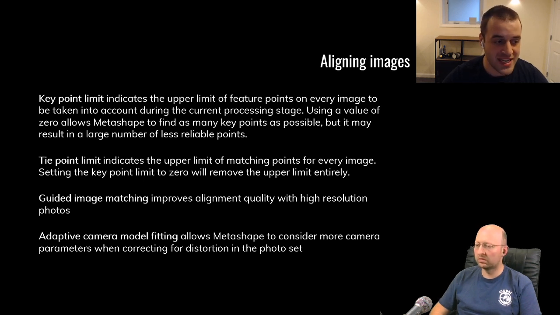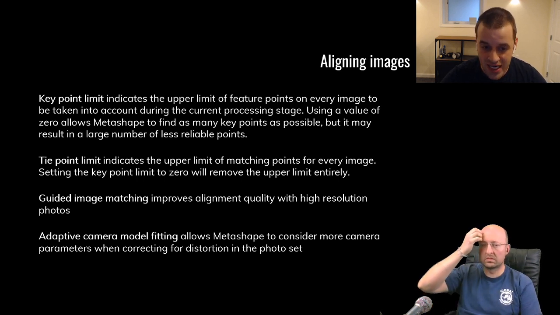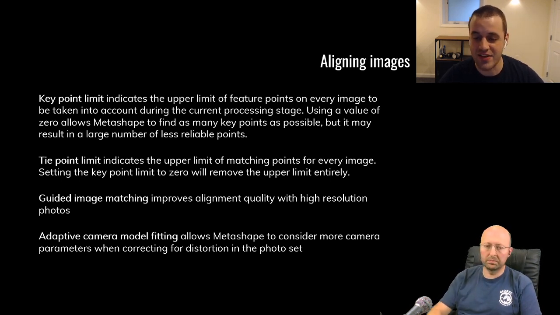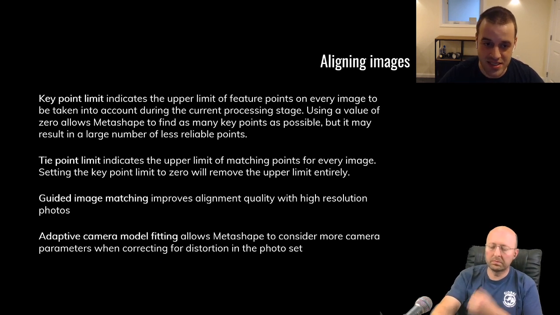Adaptive camera model fitting is going to let Metashape consider more camera variables when it's trying to correct for distortions in your camera. So if you're using a high-end camera, check guided image matching, it's going to help. And always check adaptive camera model fitting. I find that it helps pretty much 100% of the time.